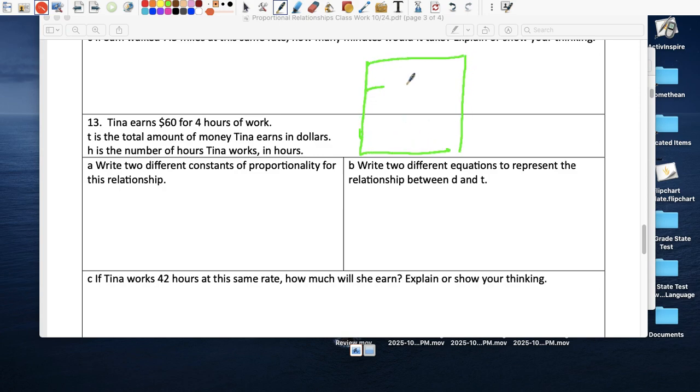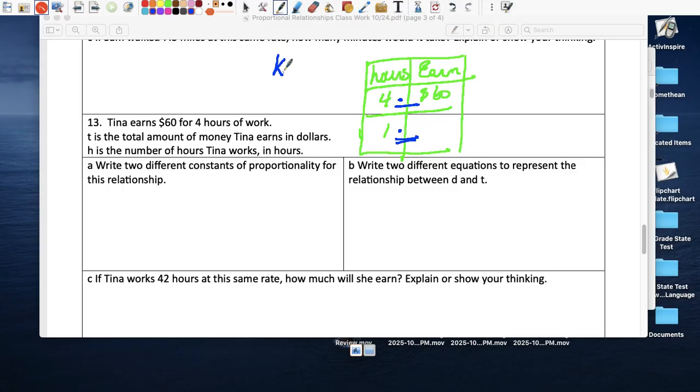In the first table, we're going to put, I don't know, let's put hours over here and the money that you earn. So it says here that if you work 4 hours, you earn 60 bucks. Let me add the 1 here because that's what I need to find. So 4 times something is 60, and we're going to use that same constant of proportionality for the 1.